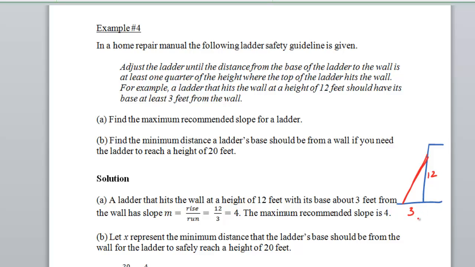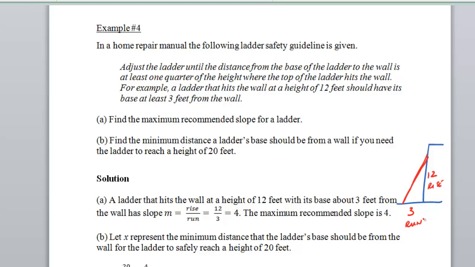And so of course this would be our rise, and this would be our run based off the given information. And so if we wanted to find the maximum recommended slope, we would do rise over run, which would be 12 over 3 equaling 4.